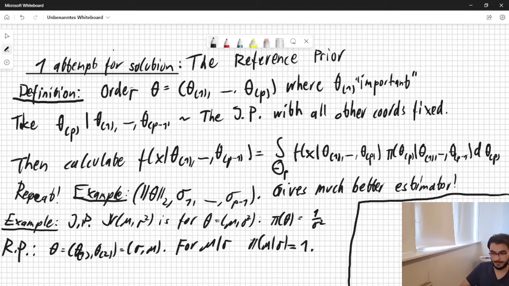And then f of x given sigma, it's the integral. We don't really care that the integral doesn't exist. In the case that it doesn't exist, we take smaller subspaces. I should write this down.